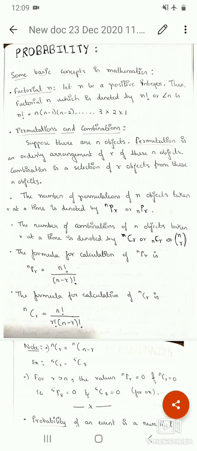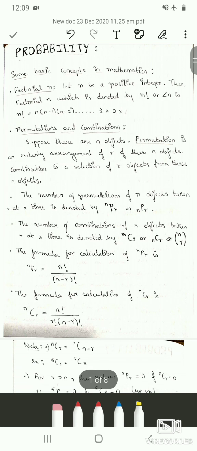So the first concept is factorial. Let n be a positive integer, then the factorial of n is denoted by n followed by an exclamation mark.